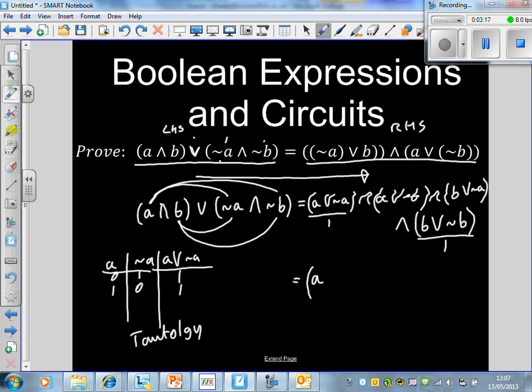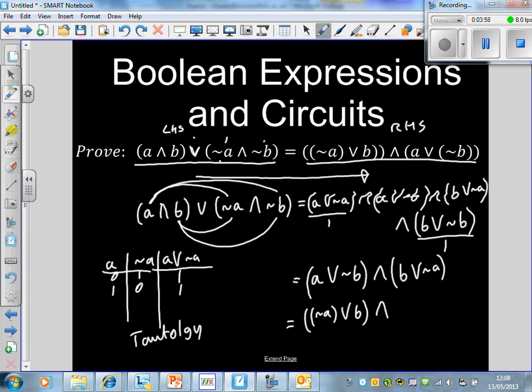So what we're left with is the stuff in the middle: A or not B, and B or not A. Now you might think that we're done here because it looks very similar, but it isn't quite the same way. Here we have A or not B first, and here we've got not A or B. Now, it's quite pedantic and finicky, but we can move these around as we see fit, because these operators are what we call commutative, which means it doesn't matter which order we do these things.